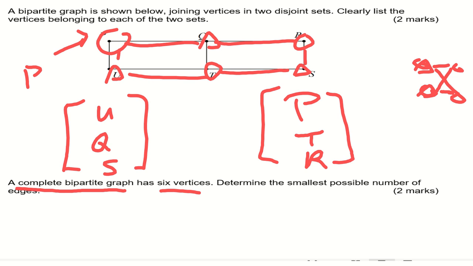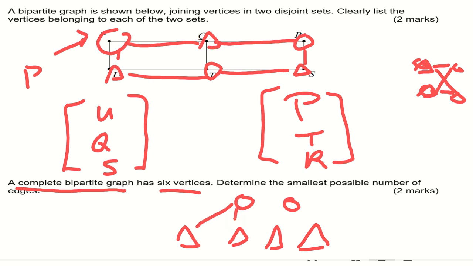So we can actually draw these out, but there's a very easy way to do this. Here's an example of a 6 vertices one. I'm going to have 2 here and 4 there. And it must hit all the triangles. That's one possible one, but I want the smallest one.